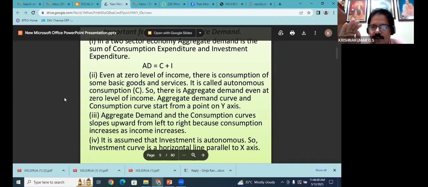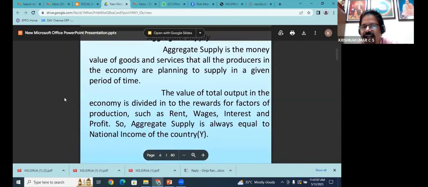So full 100 crore will be divided into rent, wage, interest, and the profits. So that full 100 crore will become the income of the people. That is why we say that aggregate supply is always equal to national income of the country.